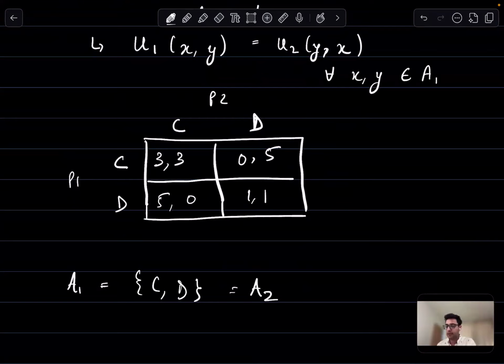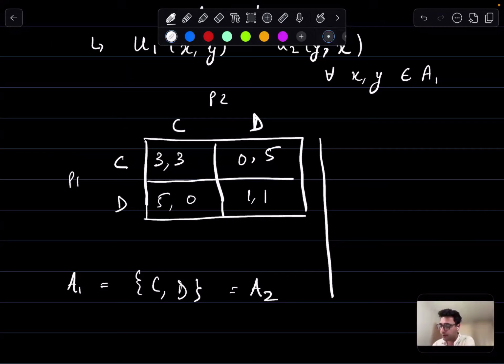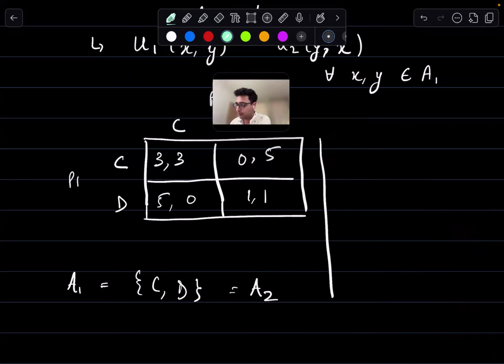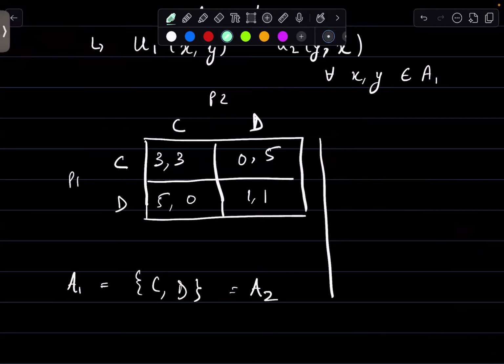The second condition is satisfied because, as you can see, U1 of something like C comma D must equal U2 of D comma C. So if you flip the actions and the name of the player, you should get the same number.